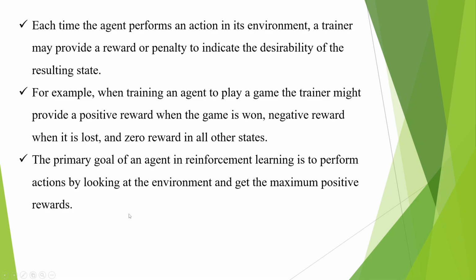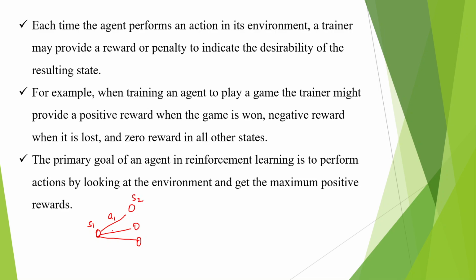Maximum positive. Suppose we are at a particular state, and from that state we have three different resulting states. Now this is one state, this is another state, this is another state. Currently the agent is at this state S1, and here we have three different types of actions. If the agent is performing action A1 from this S1 state, the resulting state will be S2.